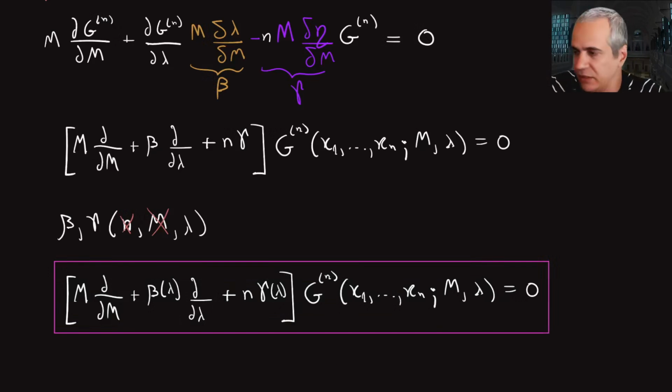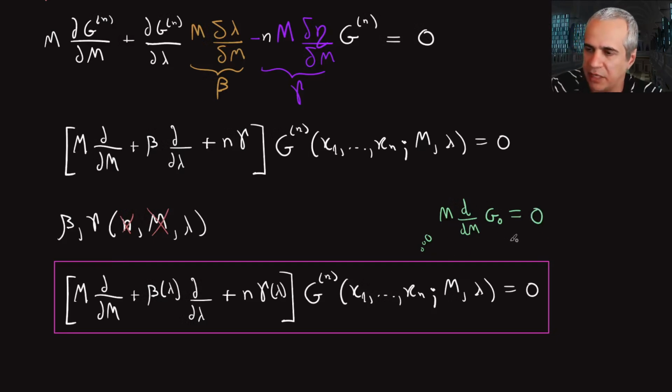And keep in mind, this is totally equivalent. In fact, we could have just taken derivatives from this equation right here. If I imposed this equation on G naught equal to 0, that means I'm demanding that my bare Green function does not depend on the renormalization scale, which is trivial.